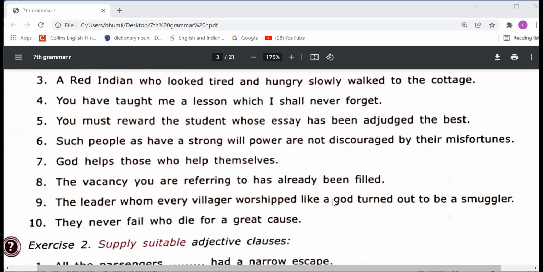The vacancy you are referring to has already been filled. So what is an adjective clause in this sentence? Sargun, you please let me know. Sargun, please tell me what's the answer of this sentence. Sir, yes sir, in this the adjective clause is has already been filled. No son, try again.